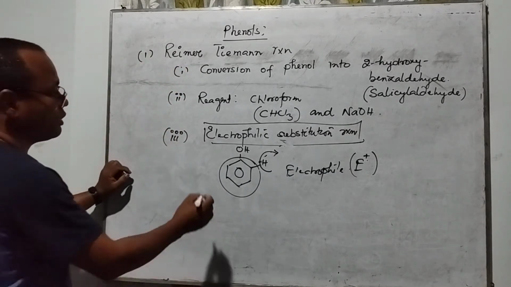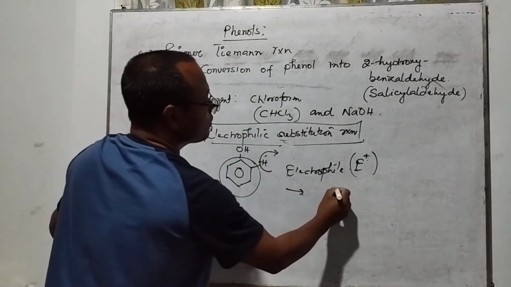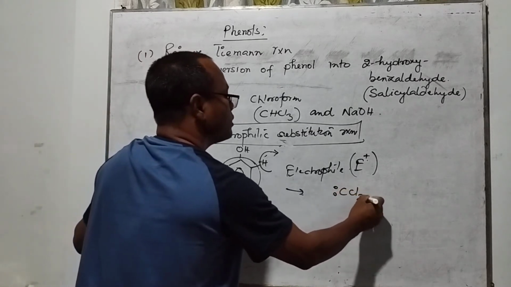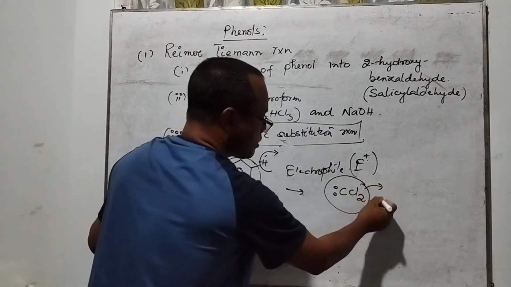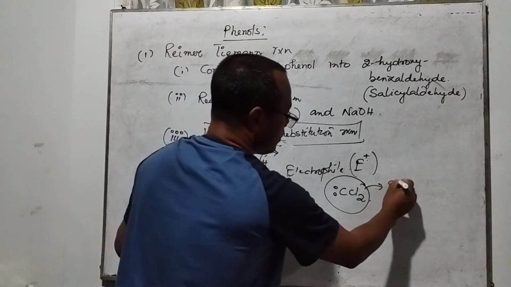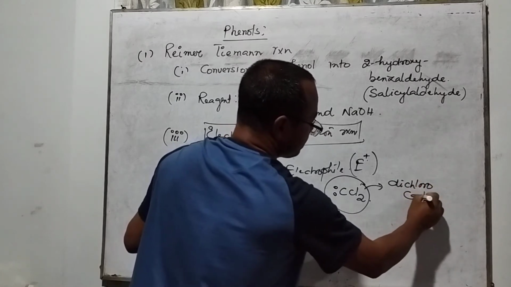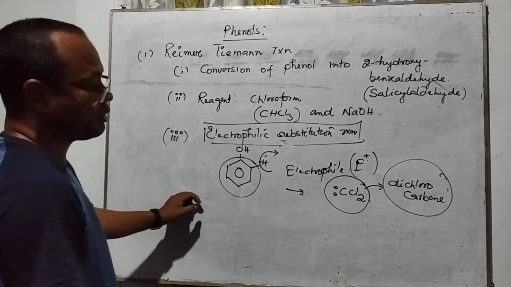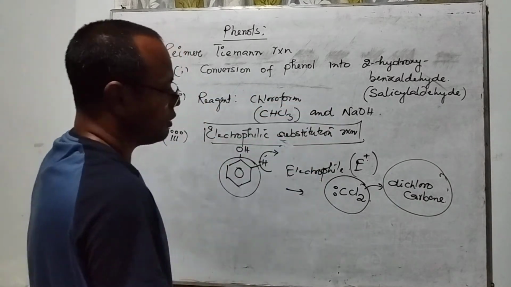We write carbon with an electron pair and 2 chlorines. What is the name of this electrophile? That is dichlorocarbene. It is generated from our reagents chloroform and sodium hydroxide.